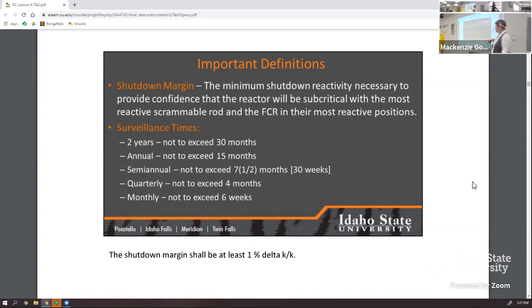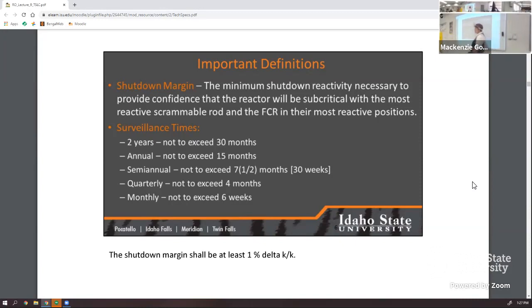The other two can scram, right? We don't count the fine control rod, it doesn't scram, it doesn't count in any calculations ever. But our most reactive scramable rod is going to stay in along with the fine control rod, which we take no credit for. So 2 rods of the 3 that scram have to be enough to shut the reactor down by so much reactivity that we know it's not going to go critical.